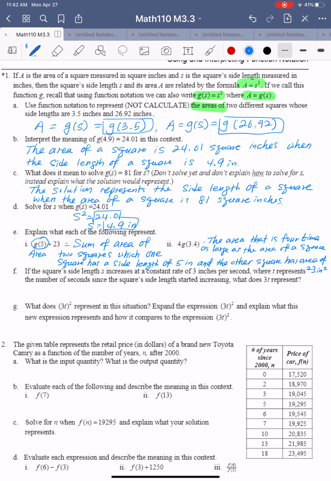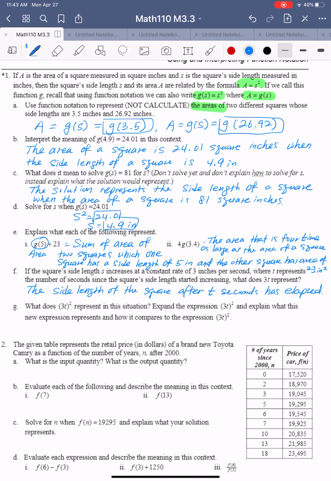So the 3t means actually the side length of the square after t seconds has elapsed or passed. What does the 3t squared represent in this situation?